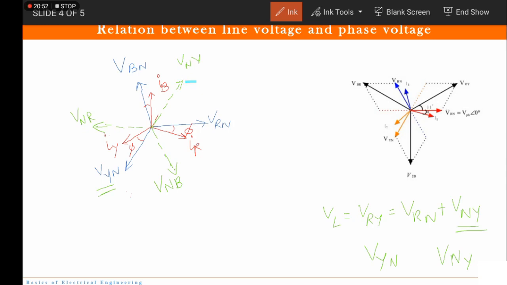So this is the parallelogram. Correct? So this is VRY. Similarly, here also I have to take the resultant, and same here.